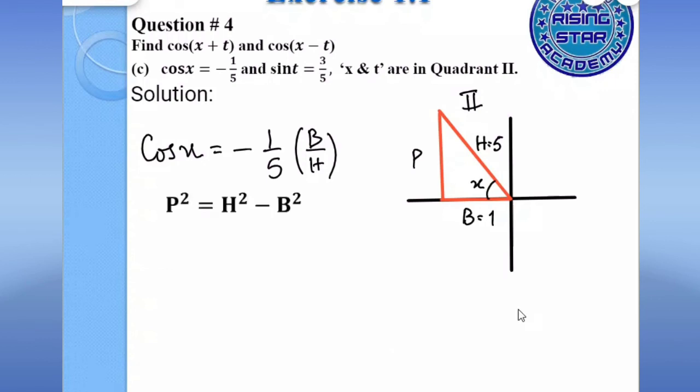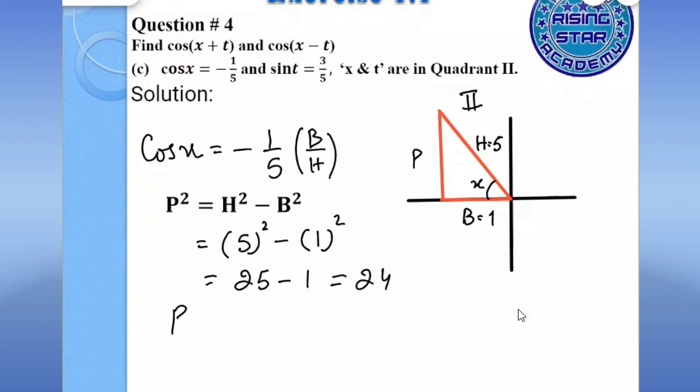Now I will put the value. So that is 5 square minus 1 square. 25 minus 1, that would become 24. So p value is plus minus square root of 24.